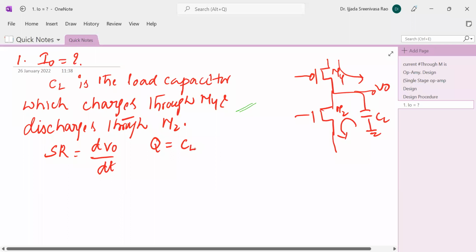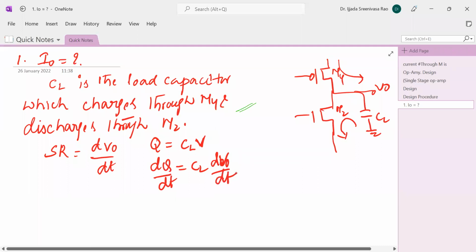I want to find dq by dt, the rate of change of charge. You can differentiate this: dq by dt is equal to CL multiplied with dV0 by dt. Understand?